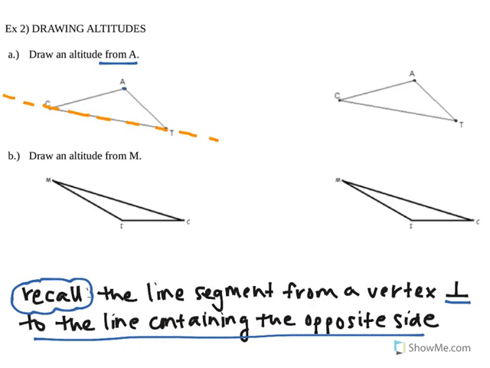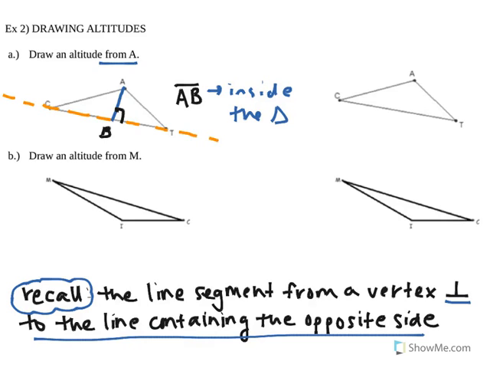And if I draw a perpendicular line from A to the orange dotted line, and I note that this is perpendicular by using that right angle box, I then have my altitude, let's call this point B, my altitude AB. It starts at A and it goes perpendicular to that line containing the opposite side. What's important to notice here is that AB lies inside the triangle.